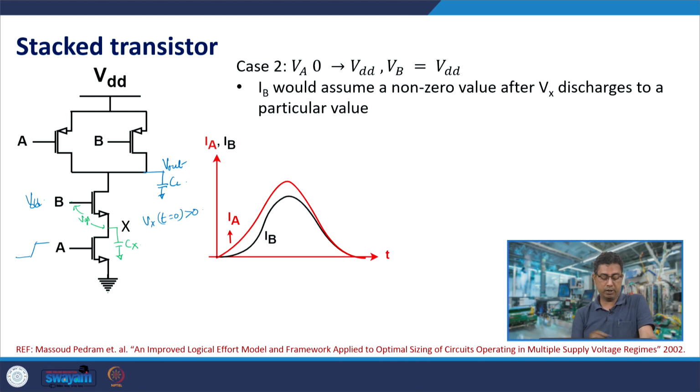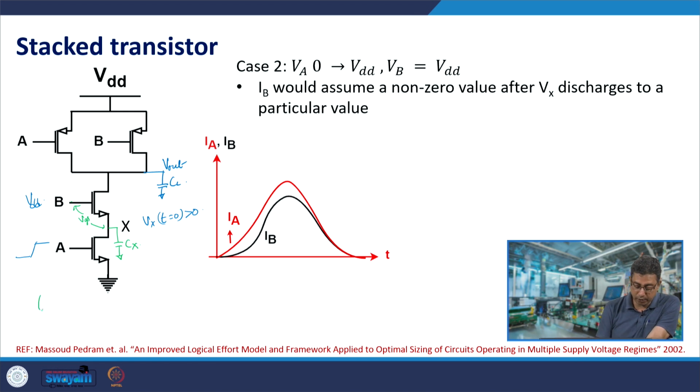So, once it charges to a certain value, node X would not charge any further, because the VGS of transistor B is now so small that it is not supplying any significant current to charge Cx, and the leakage current of B and A match.